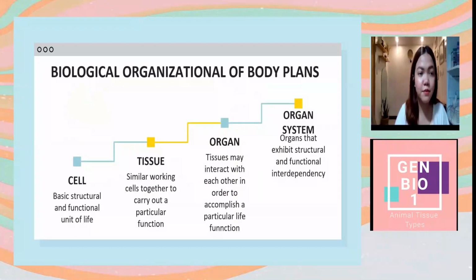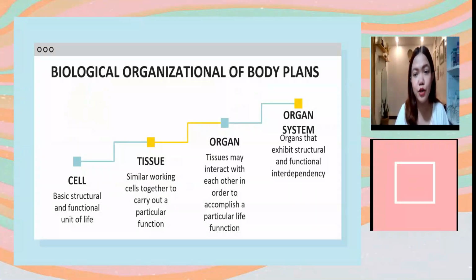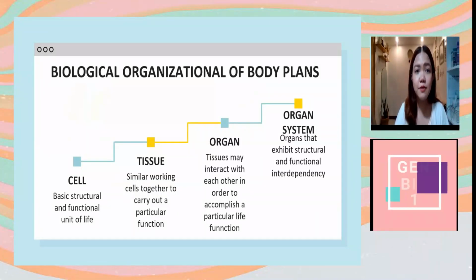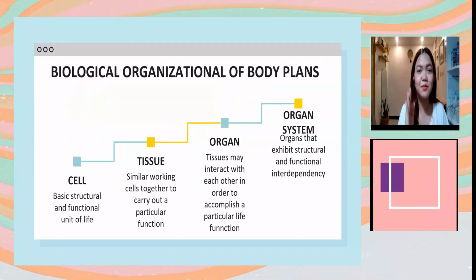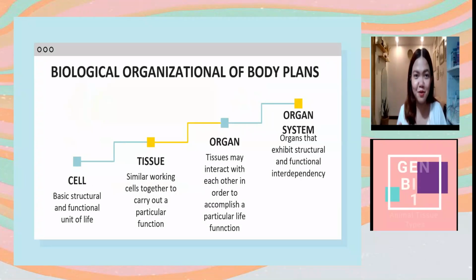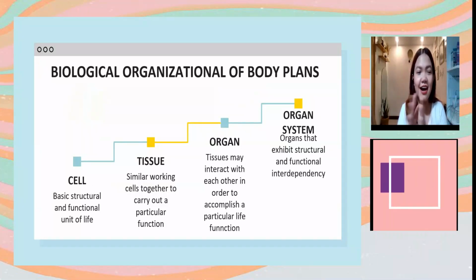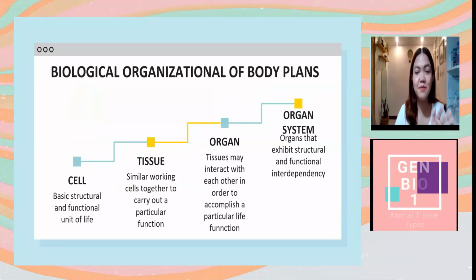Okay? So now we have the biological organization of the body. When it comes to the hierarchy, it starts with atoms, then molecules, then macromolecules. Then you'll have your organelle, cell, tissue, organ, organ system, organism, population, community, ecosystem, biome, and biosphere.